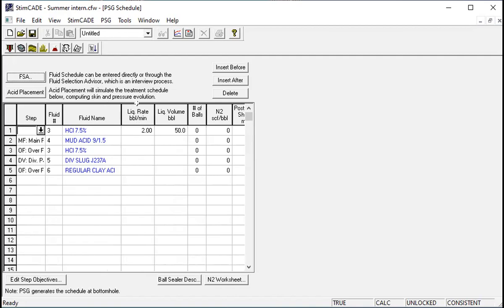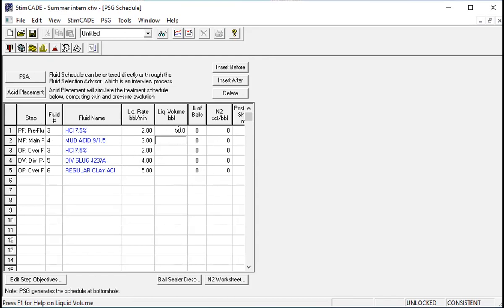So we could say our rate here, let's say we have 2. Let's just vary it, but there has to be a well-defined rate. 2, 4, 5. Then our liquid volume, the volume that is required.